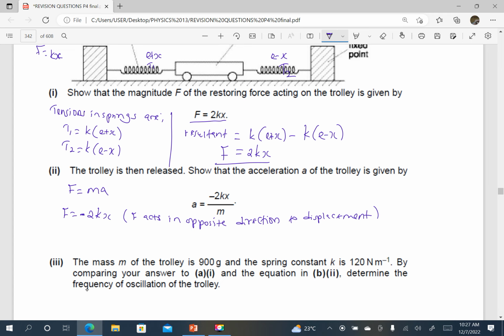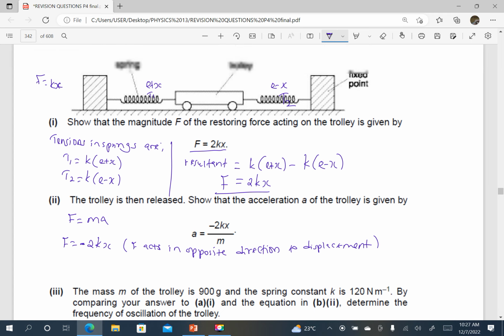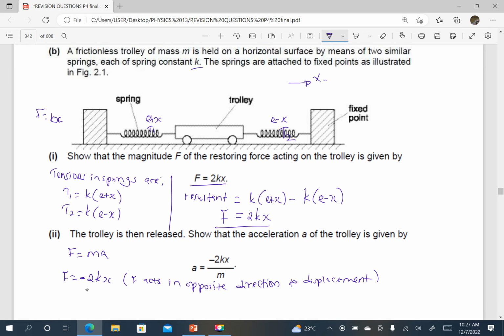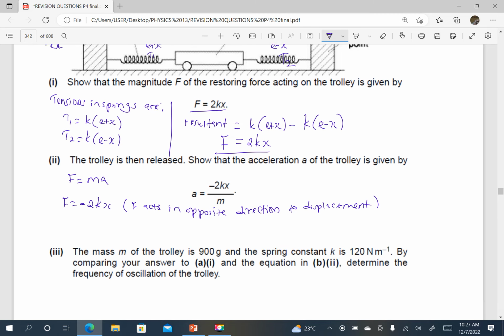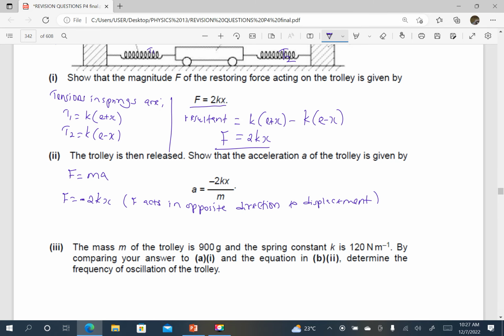F was equal to 2kx in the previous part, but notice that I considered the trolley being given a further displacement x to the right. The resultant force is actually to the left. So it means x acts in the opposite direction to the resultant force, or F acts in the opposite direction to the displacement.